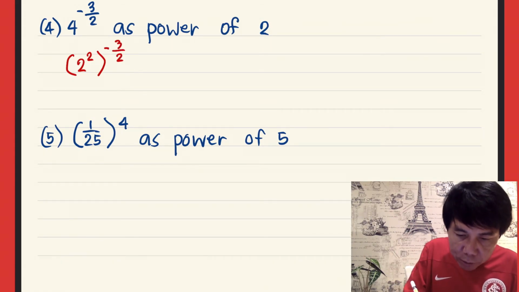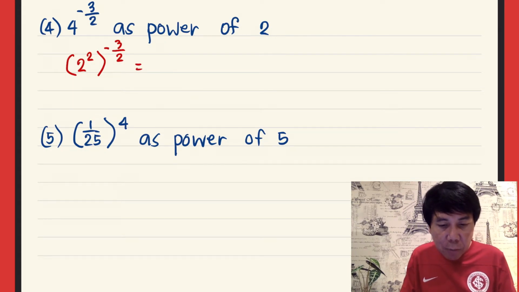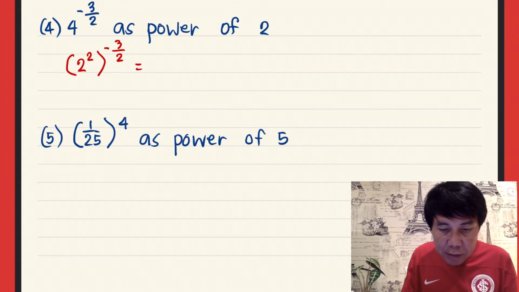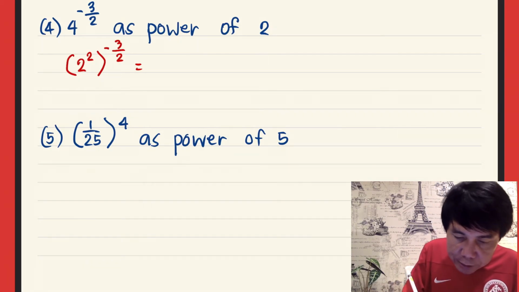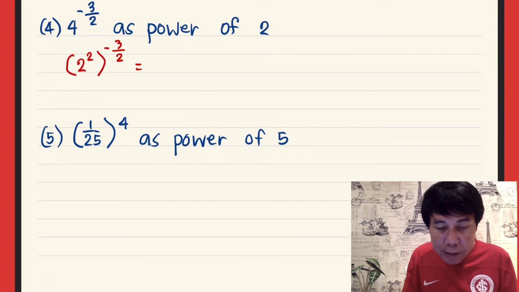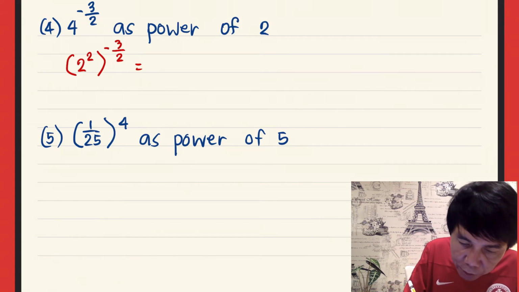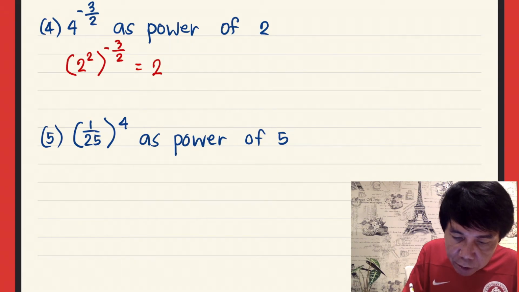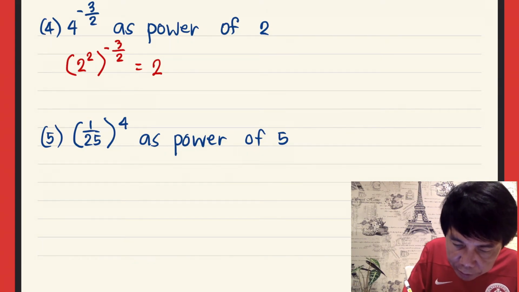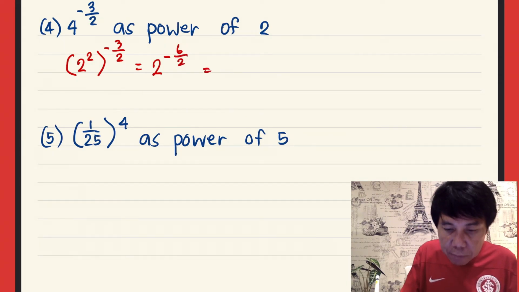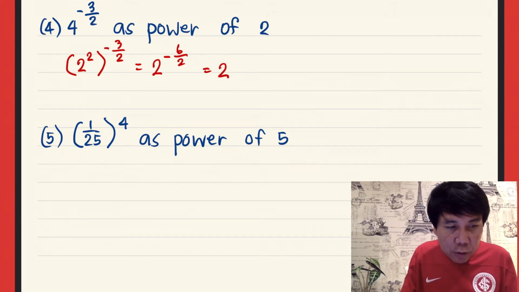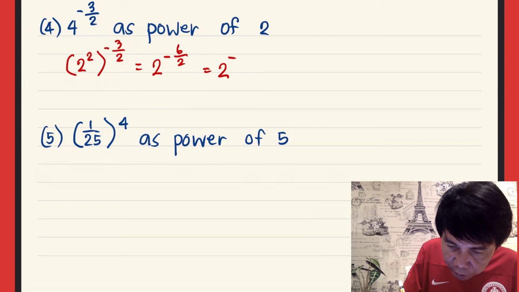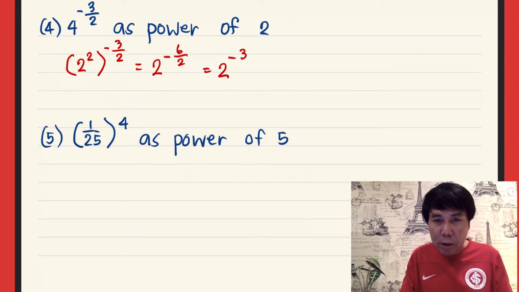Then we have to multiply the exponents. So our base is 2, and then 2 times negative 3 over 2 is negative 6 over 2. 6 divided by 2 is 3, so that is negative 3. So our answer is 2 raised to the power of negative 3.